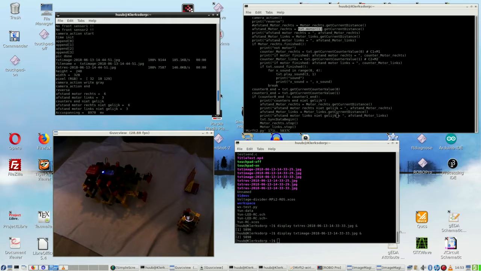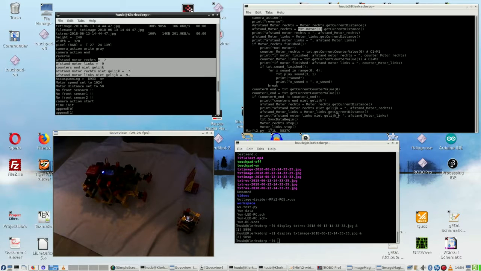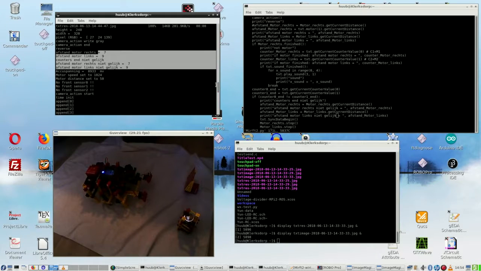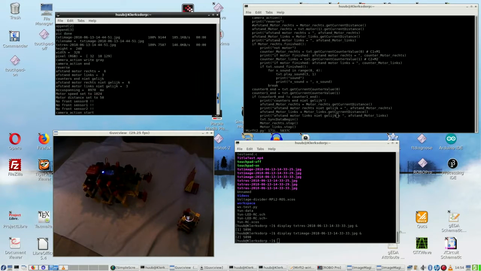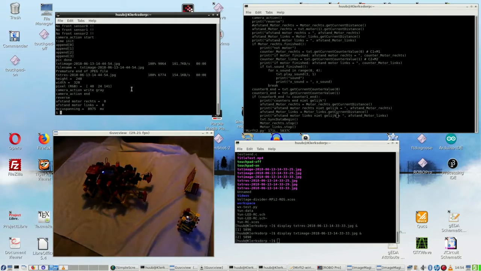And the big question is, if I look back, one of them is slightly different. They are both the same. Yeah, they are both the same. And here, they're 0. So I have to run it again. Alright, some better lighting.